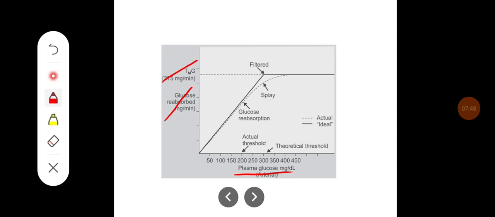The dotted line shows the relation between plasma glucose and the glucose reabsorbed, that it appears quite early compared to the theoretical curve. That is, the actual renal threshold occurs before the theoretical renal threshold, and this is called splay.